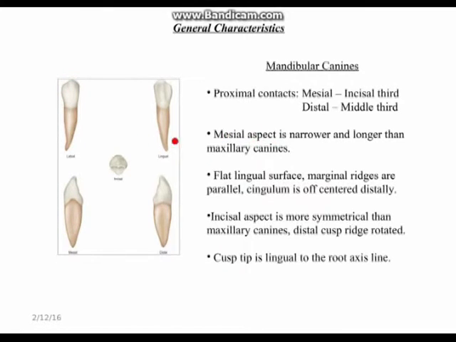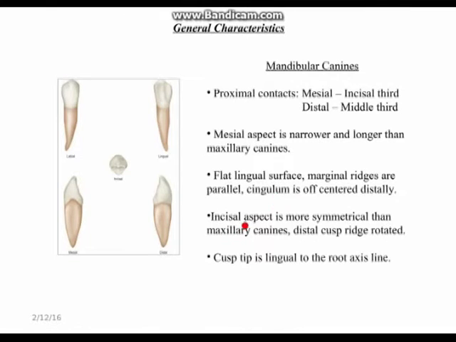The mesial aspect is narrower and longer than the maxillary canines. We already talked about it because there's no convexity. It's parallel to the long axis of the tooth. Flat lingual surface. Its lingual surface is relatively flat over here. Marginal ridges are parallel. You can see it. And the cingulum is off-centered distally.